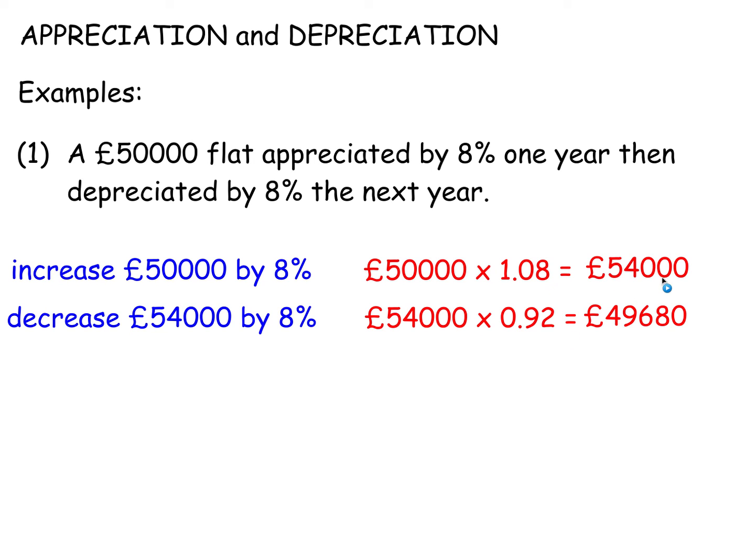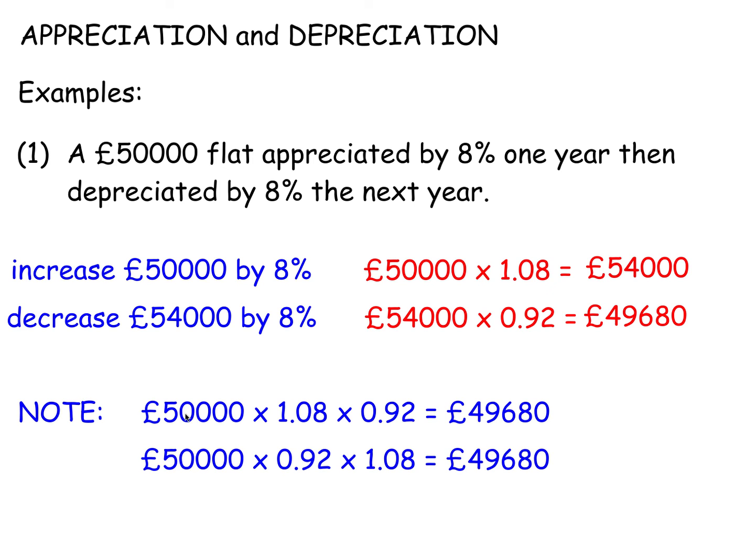Now, you don't actually need to know the two figures, because you can go straight to the answer. You're simply multiplying by 1.08, multiplying by 0.92. You can do that in one go. You could just take 50,000, multiply it by 1.08, and multiply by 0.92 on the calculator, and up would come £49,680. And it wouldn't matter what way around they were multiplied.